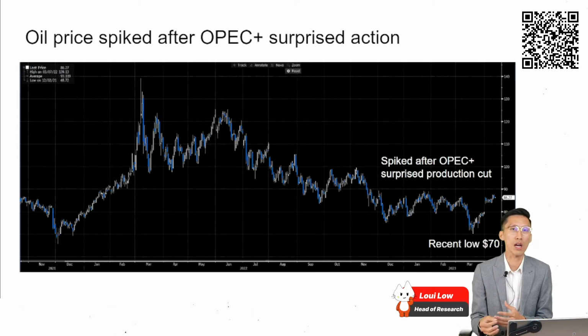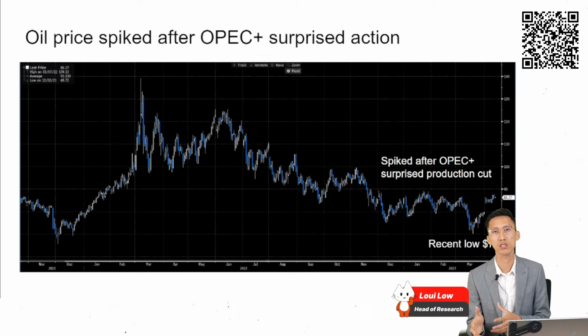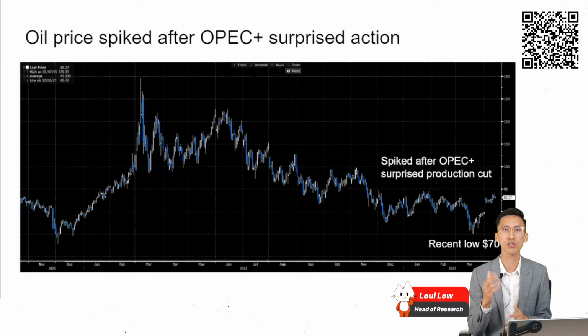Of course, I think there is a lot of conspiracy behind it, saying that the Middle Eastern countries are actually using this opportunity to manipulate or even corner the oil prices. So what I'm saying here is that if there is a spike from the US dollar 70 to the current price of 86, then there is an opportunity for us to look into trading opportunities within oil prices or oil-related counters.